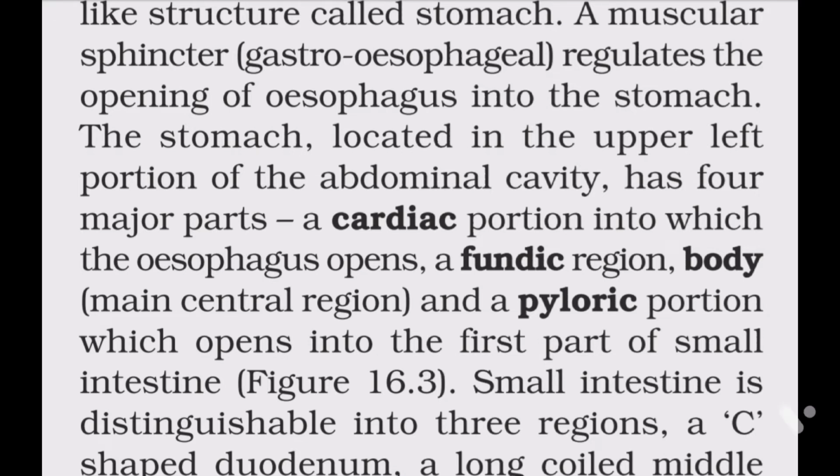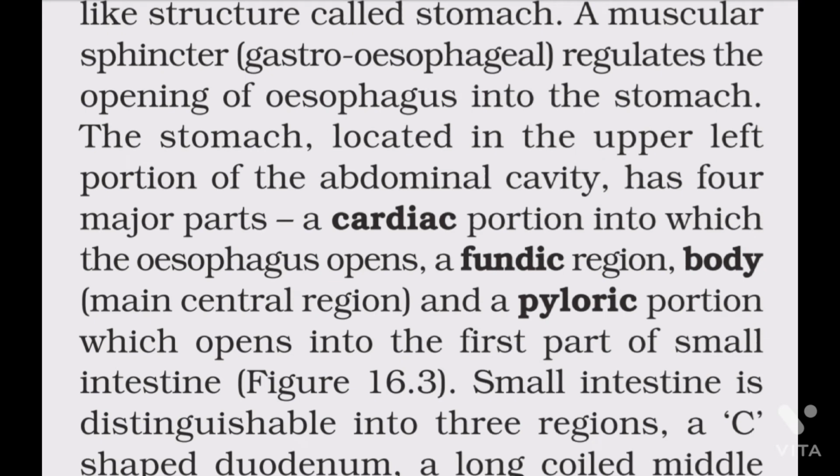The stomach, located in the upper left portion of the abdominal cavity, has four major parts: a cardiac portion into which the esophagus opens, a fundic region, body, main central region, and a pyloric portion which opens into the first part of small intestine. Figure 16.3.